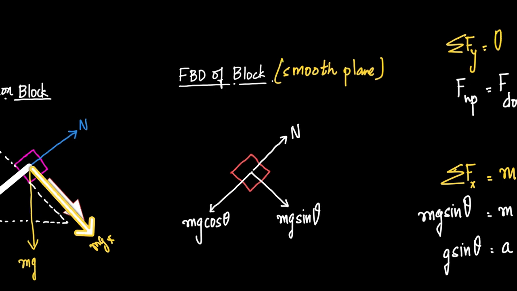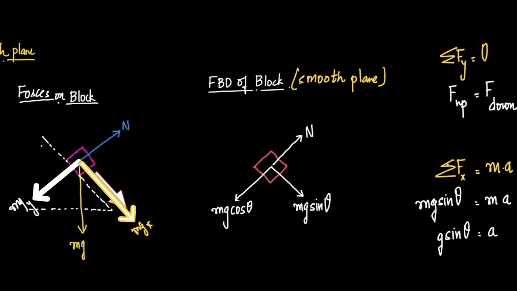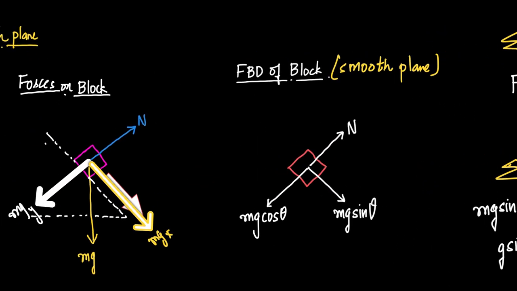Now when we resolve the forces, we can resolve this mg into two components, one which is mg cos theta, the vertical component, and then mg sin theta, the horizontal component.